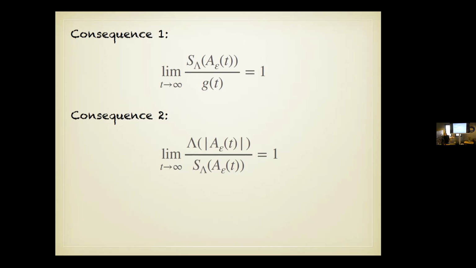the cardinality of the typical set, asymptotically behaves in the same way as this lambda entropy. So that basically tells us that we can estimate the entropy of the system by taking the logarithm of the typical set. In most of the cases that we're interested in, lambda would be the logarithm, which tells us again the entropy is the logarithm of the size of the typical set, and this exactly looks like Boltzmann entropy.